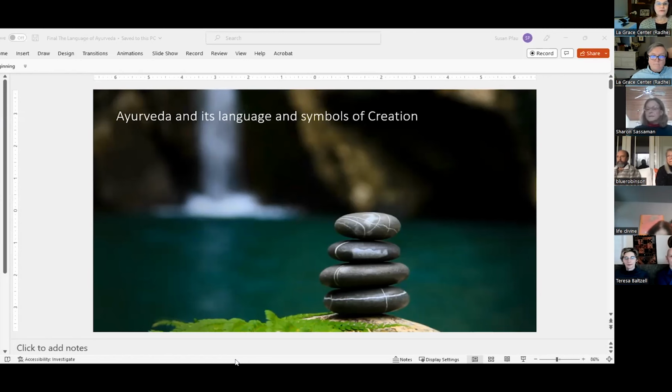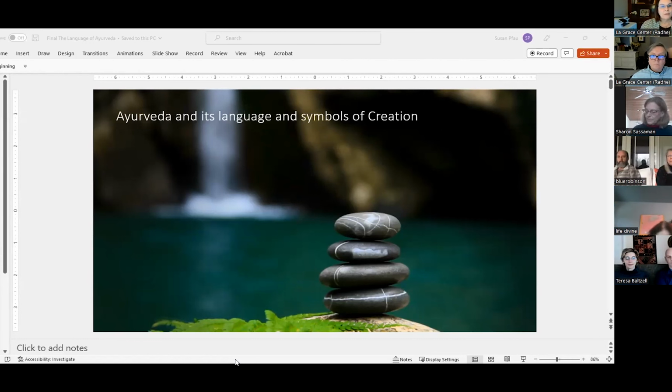I chose this topic because, when we came to the subject of symbols and language, it would be a great illustration of how Ayurveda incorporates both the language and the symbols of creation. And you'll see that there's a kind of perfect alignment between the two as we go through.